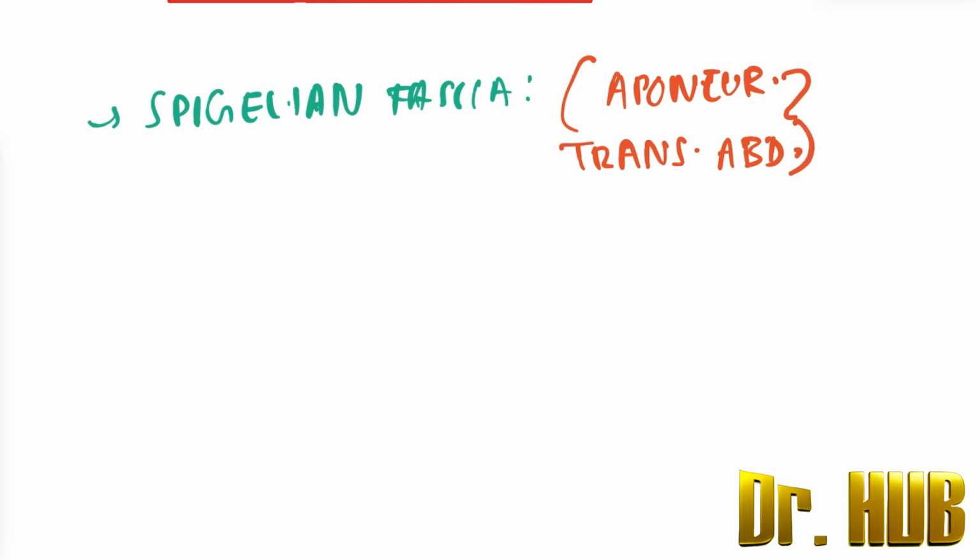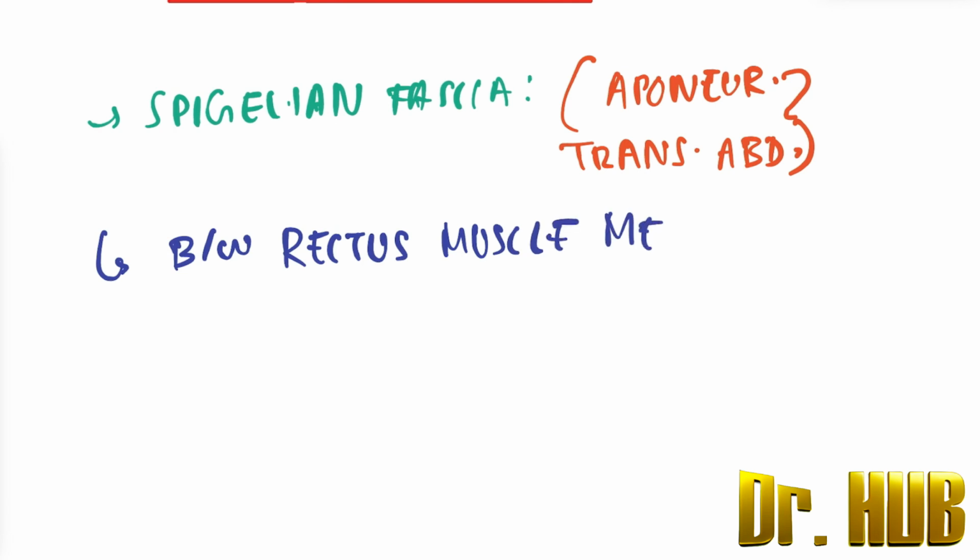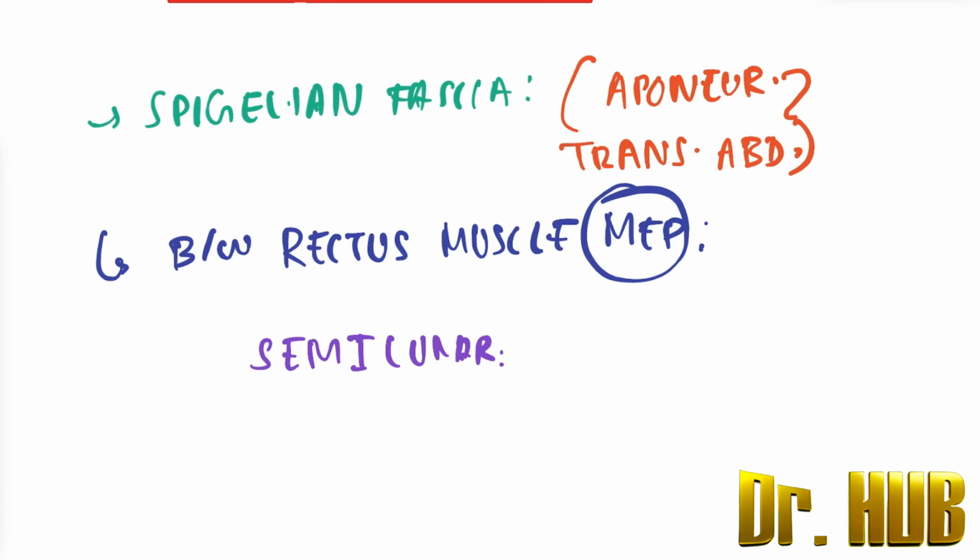This aponeurosis layer is between the rectus abdominis medially and the semilunar line laterally. So medially it is the rectus muscle, and the semilunar line is present laterally.